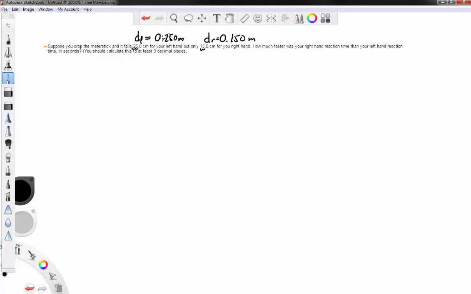All right, now the times. So this will correspond to TL, this will correspond to TR. So time for left, and that is TL, is going to be the square root of 2 times the distance for the left hand divided by 9.8.